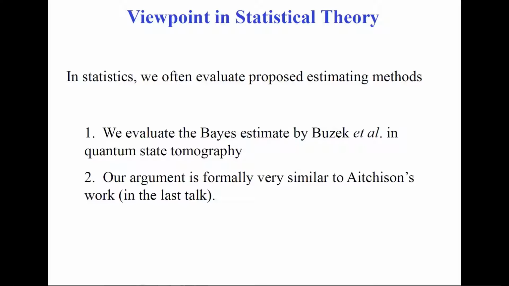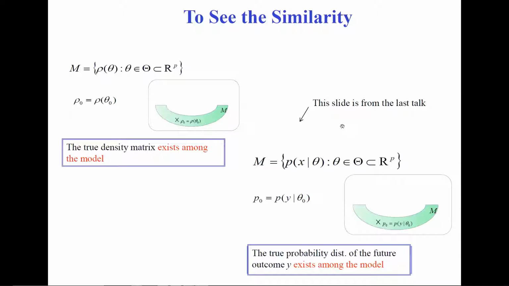And please note that our argument here is formally very similar to H. Sun's work in the last talk. Before going into the proof, we see the similarity between quantum state tomography and the prediction problem in the last talk. The left upper panel shows the entire space of density matrices.